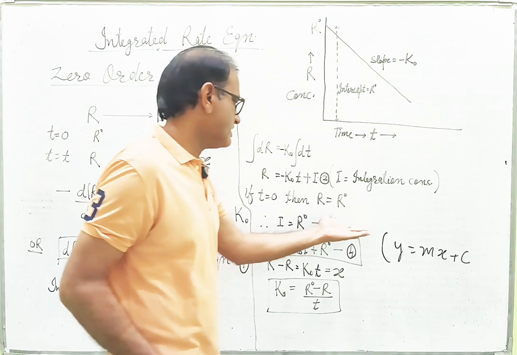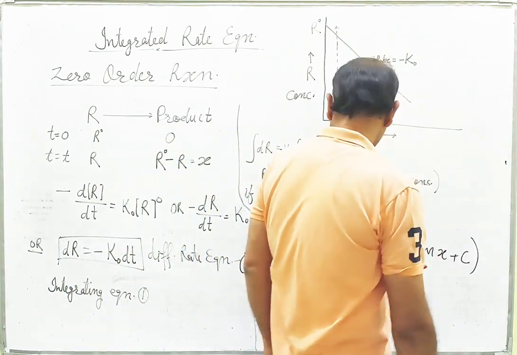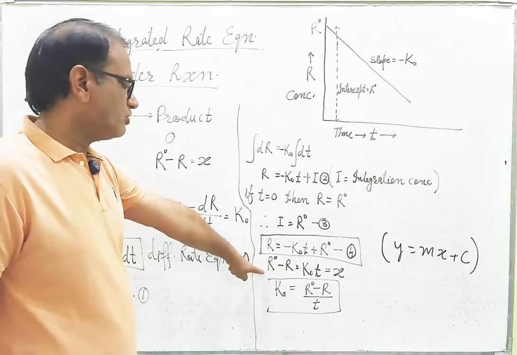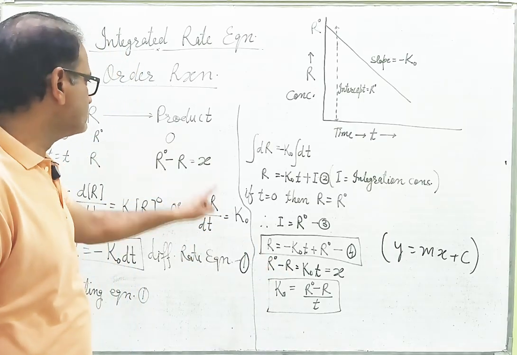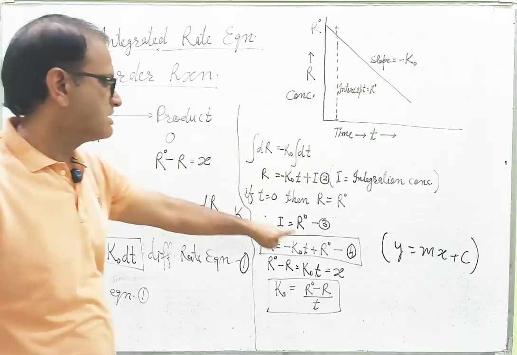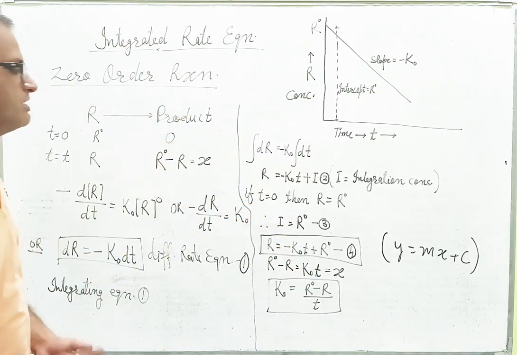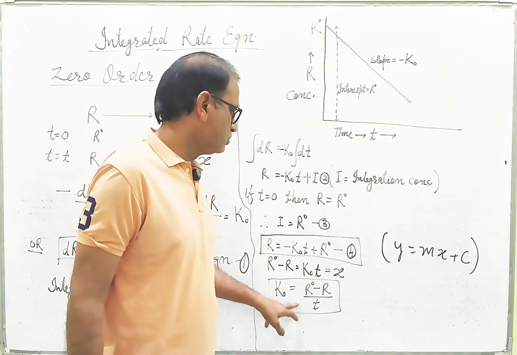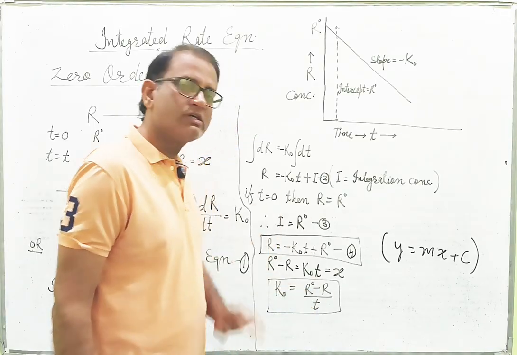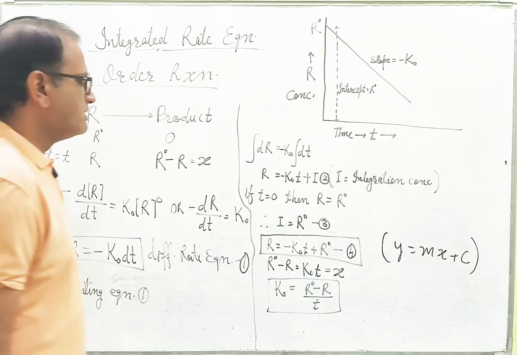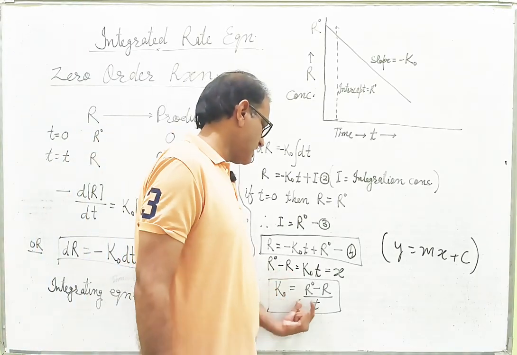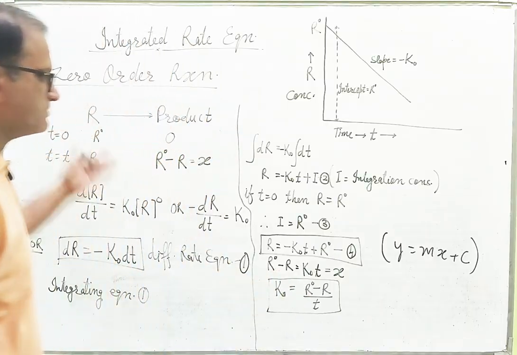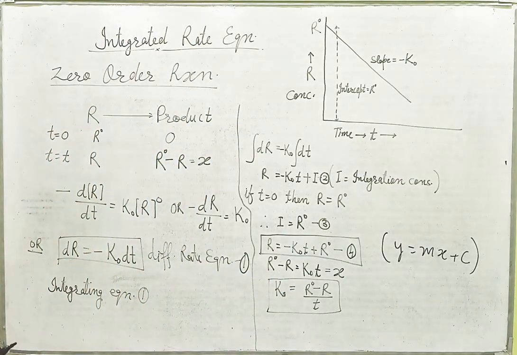So this equation is like a straight line equation, and from this what we can get is R naught minus R, which is the concentration of product, that is X, at time T. Or if we want to calculate K0, that will be equal to R naught minus R upon T. From this equation we can calculate the rate constant as well as the time taken. So it's quite easy. That is why we have integrated the differential rate equation.